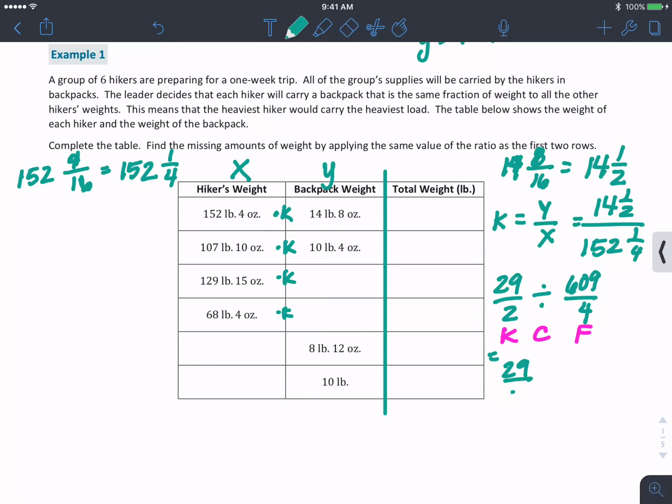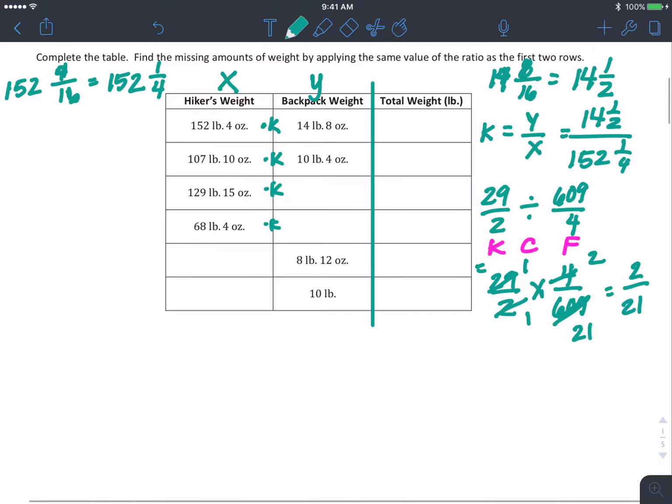Then 29 over 2 times 4 over 609. If I try to cross cancel, I know that this is 2 and 1. If I try to cross cancel 609 and 29, let's see what happens. 609 divided by 29, oh, look at that. It fits. So 29 is a factor of 609. So I can cross cancel so that this is 21 and 29 becomes 1. And I end up getting 2 over 21 as my k value.